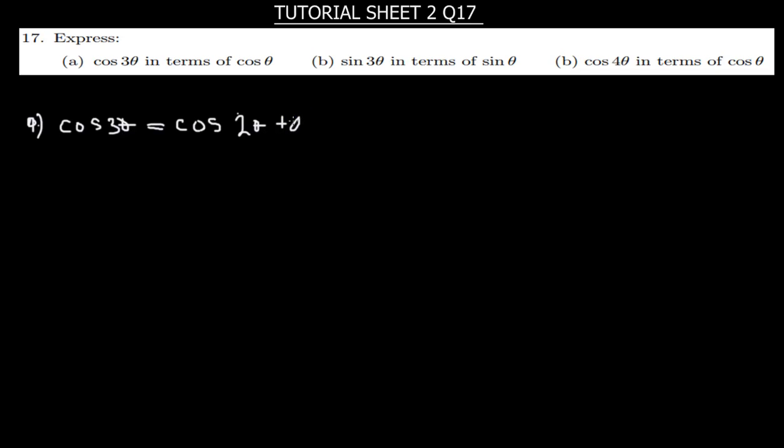When you add 2 theta plus theta, you get 3 theta. So using the compound angle formula for cos, your solution is going to look like this.